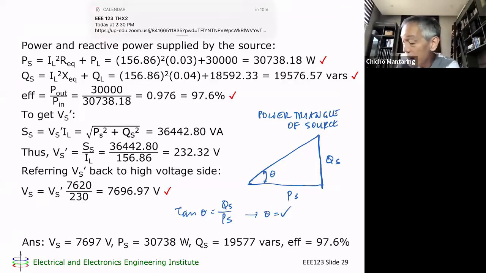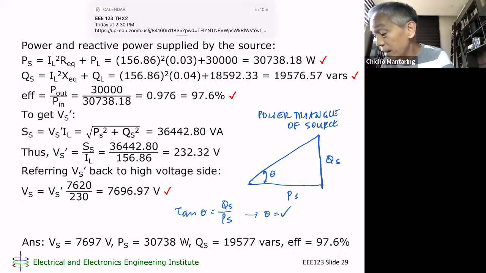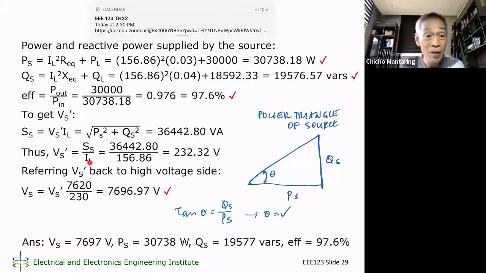Now this theta is the difference in angle between your voltage and your current, no? Ano ba yung current natin? Yung current natin dito is I of L. Of course, hindi pa natin alam kung ano yung angle ng I of L, no? But you can determine the angle of I of L from the load.